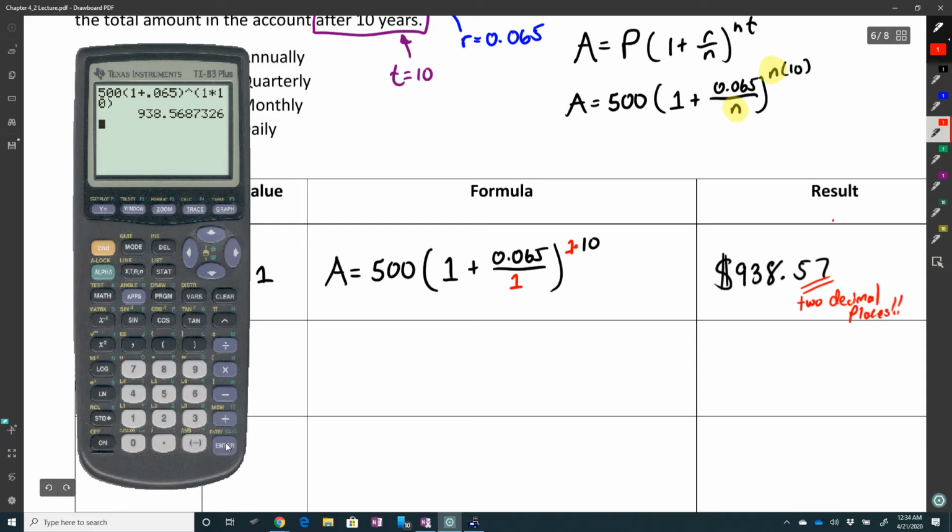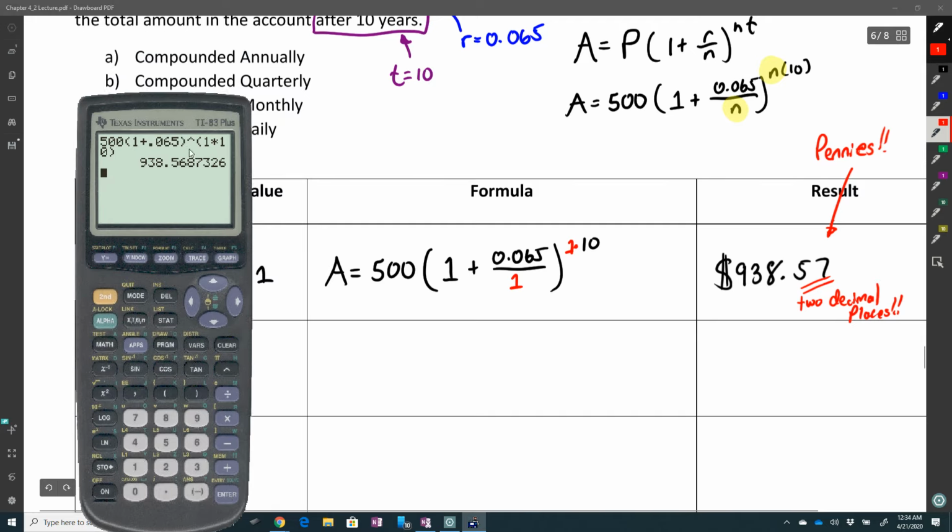Why? Because they're pennies. Whenever you're dealing with money problems, it's always going to be 2 decimal places when you give your answer. All right, and notice this.